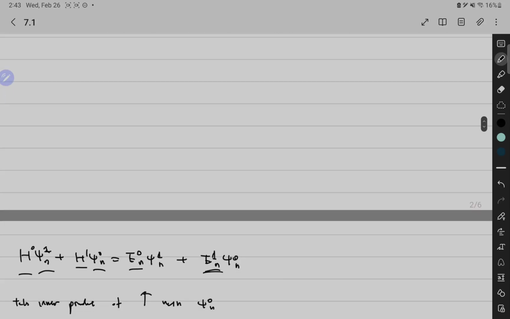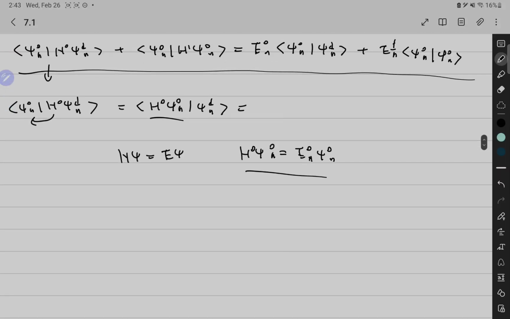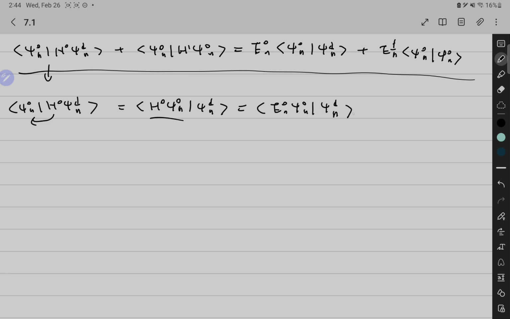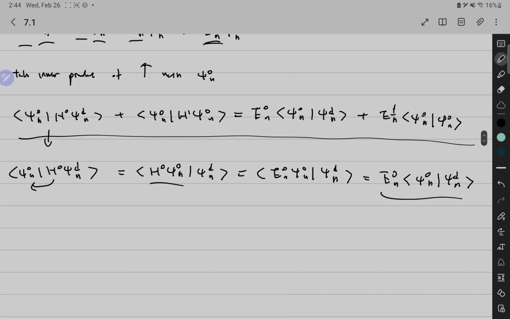So we can change our H0 psi 0n to this. So this becomes E0n <psi 0n|psi 1n>, and then E0n is energy, so we can take it out. So this is what our first term has become. And if you really look at the equation, you can see that we already have a term here.